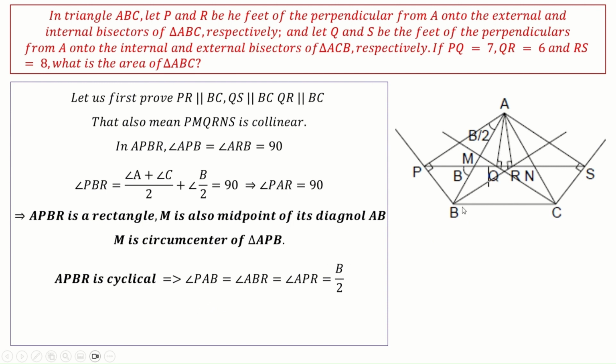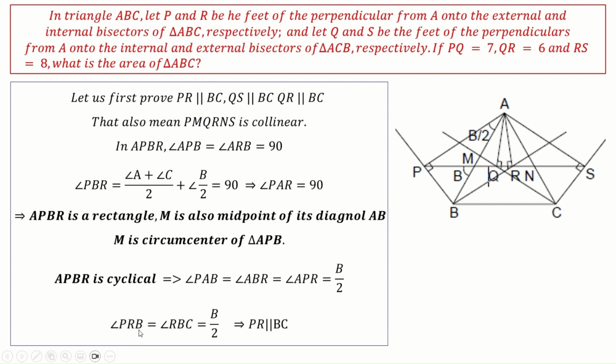Now, angle PAB and angle ABR, these two will be equal to angle APR. All this will be B by 2. Note down that.